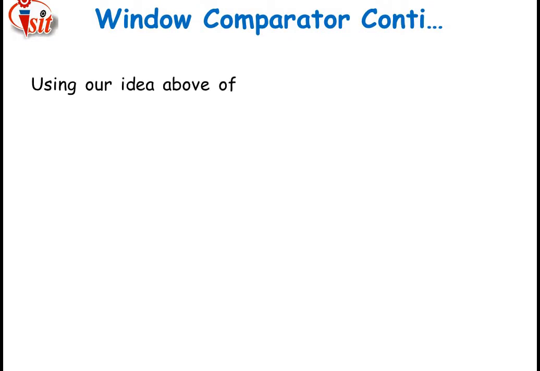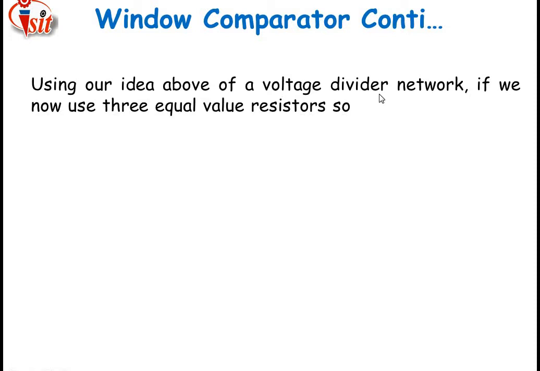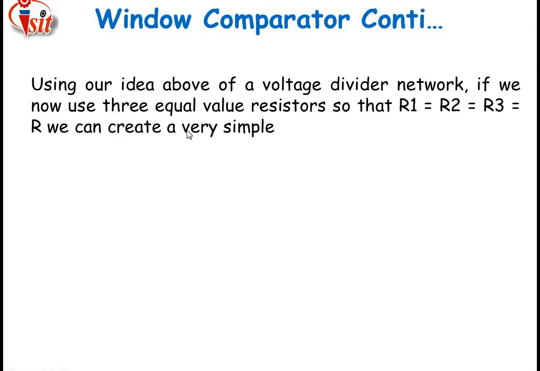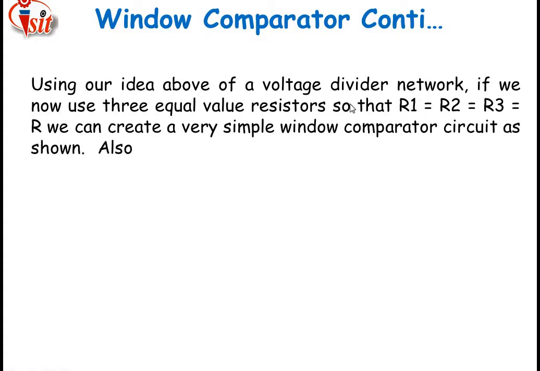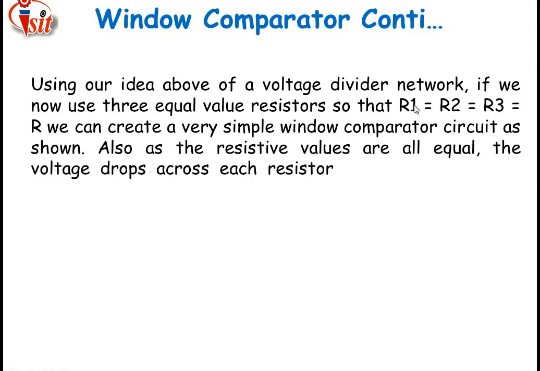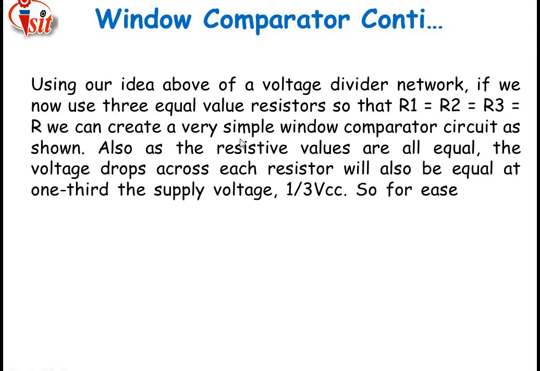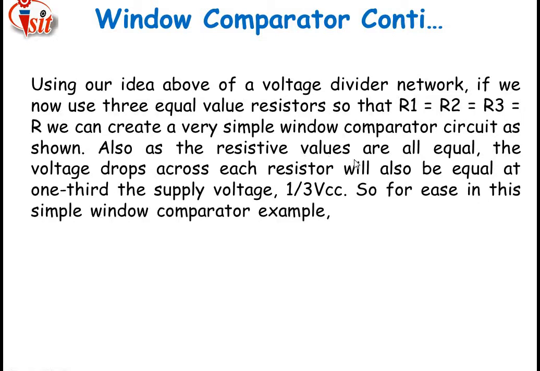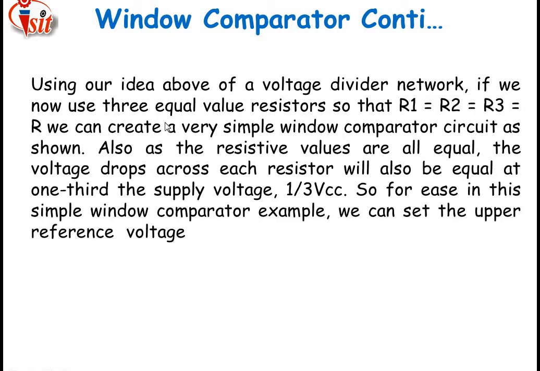Then along with this, using our idea above of a voltage divider network, if we now use three equal value resistors, so let us consider R1 equal to R2 equal to R3 equal to R. We can create a very simple window comparator circuit as shown.